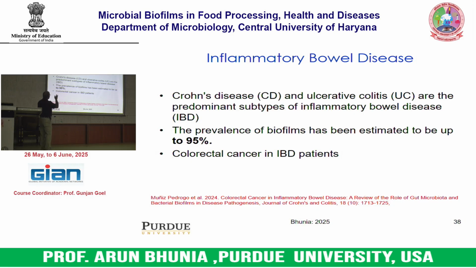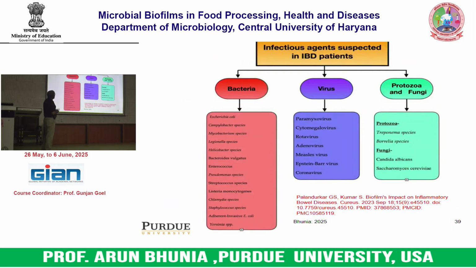So of course the inflammatory bowel disease, I don't want to get into too much detail, but the whole idea is that the microbial biofilm is loaded by undesirable organisms, not by natural organisms. So this slide is showing these different types of bacteria, viruses, protozoa, fungi, they are part of those inflammatory bowel disease conditions in the gut.